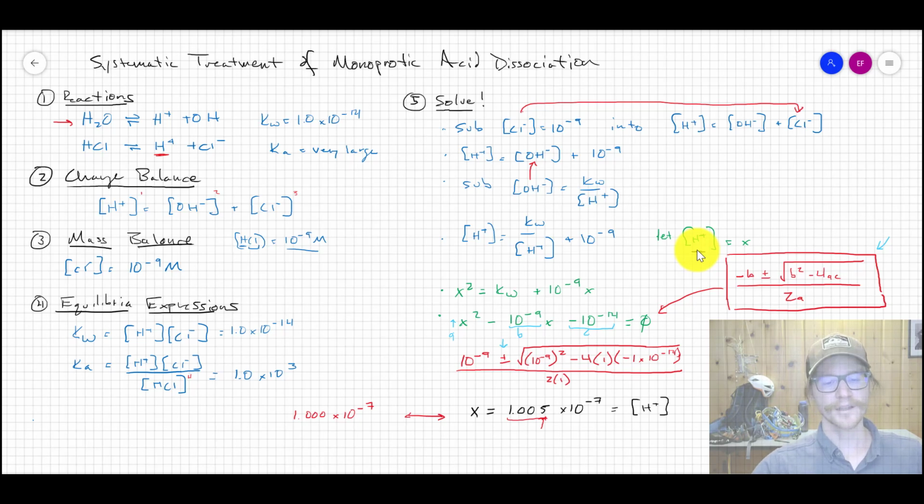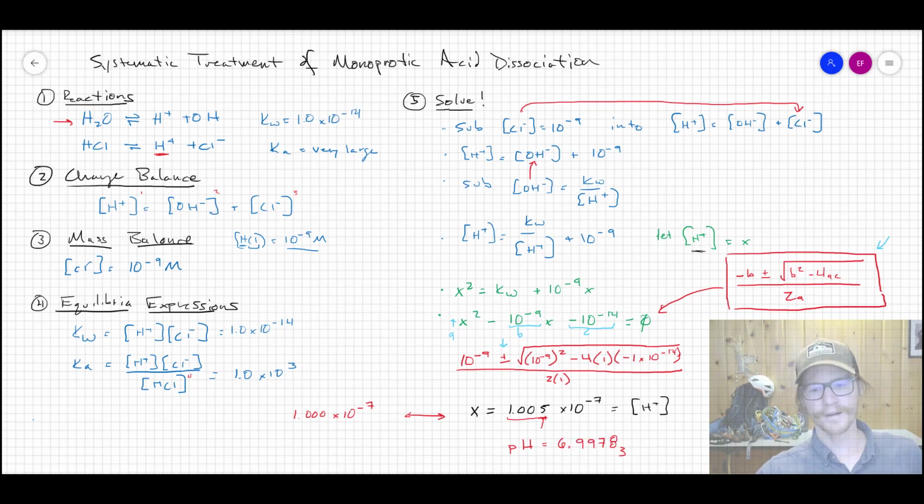So we take the negative log of this value to get a pH. What my calculator gives me, really quickly, let's pause this, I get 6.9978, and then I subscript the 3 as insignificant, and that's assuming that I'm keeping all four of these digits. So if I keep all four of these digits, 1.005, remember those are all significant because that's a value, not a logged value.